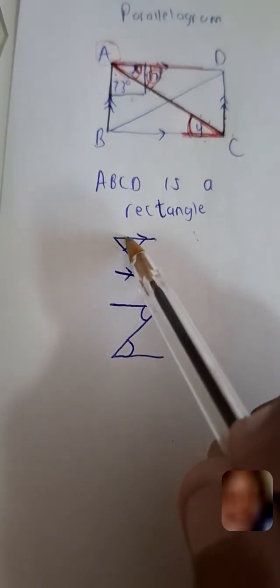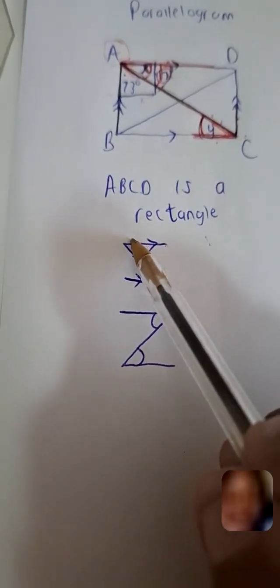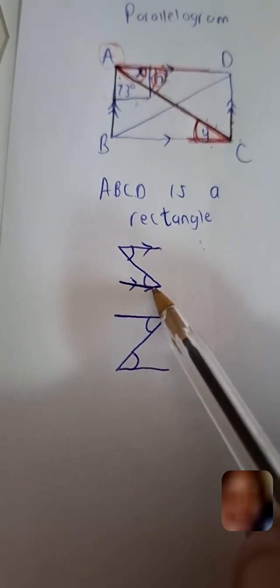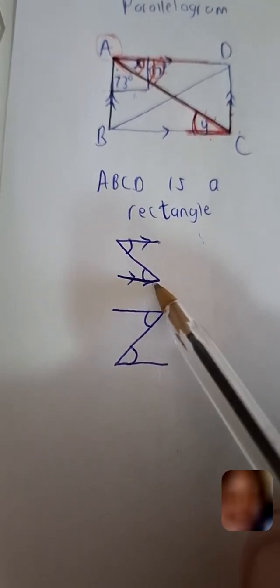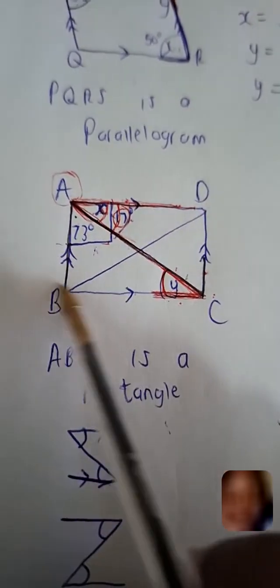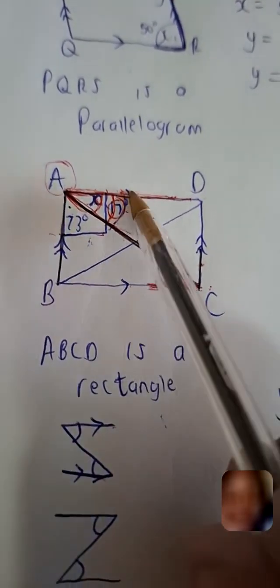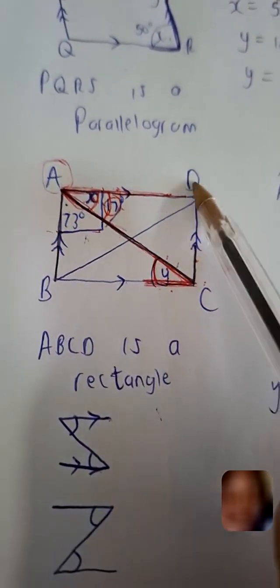I want you to note this Z shape that you speak about. If the lines are parallel, then these, we call them alternate angles, are equal. So we learned that AD is parallel to BC. You can see the arrows. And AB is parallel to CD.